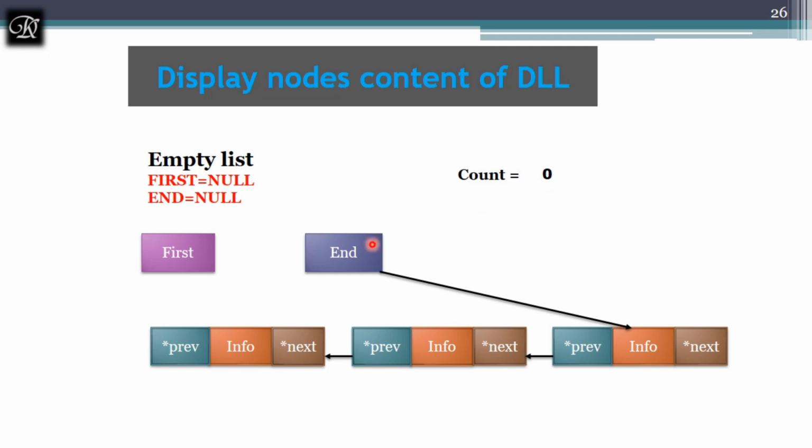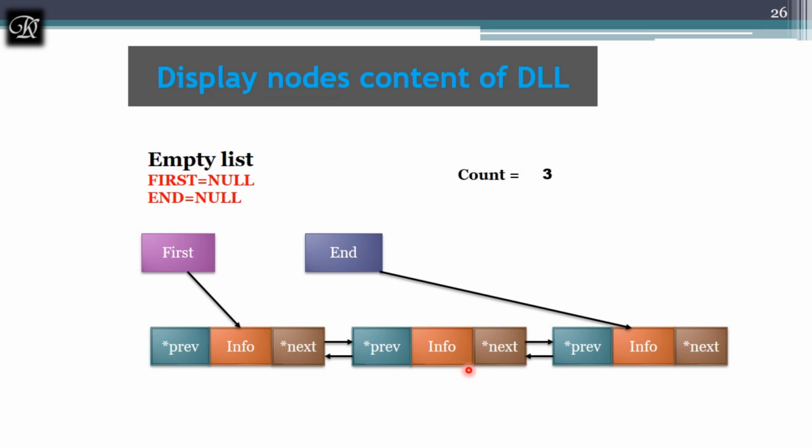How to do this? Let's start from the first. When I start from the first, I have visited the first node, and I will display the complete information of this first node, and my count is increased to 1. After that, I will move to the next node by having the next pointer, and my count is increased to 2, and I am displaying all these nodes information.